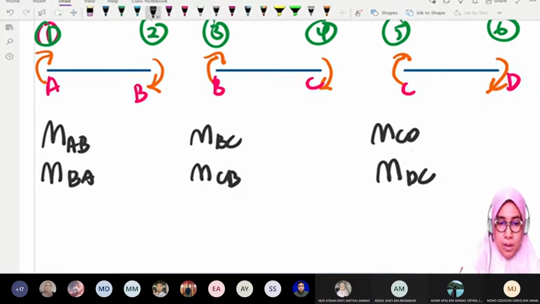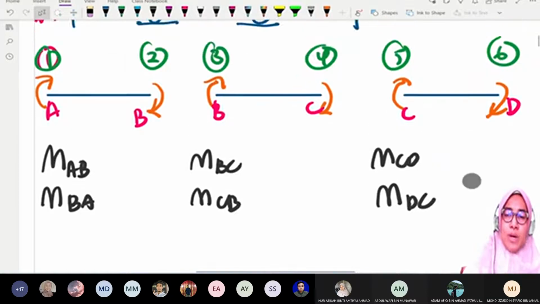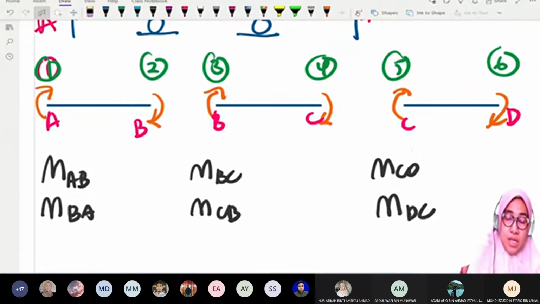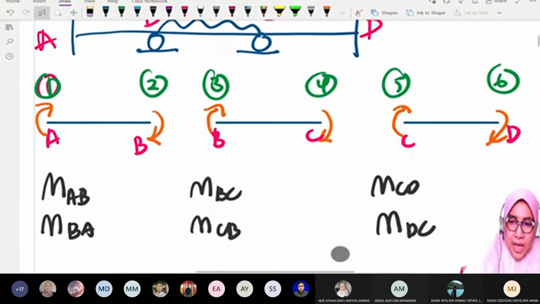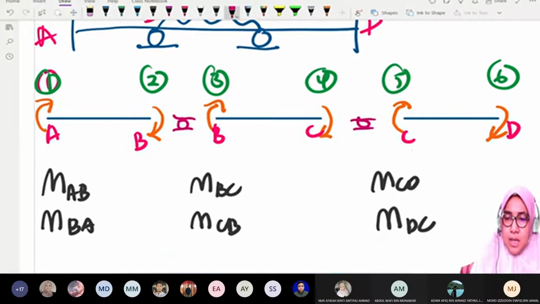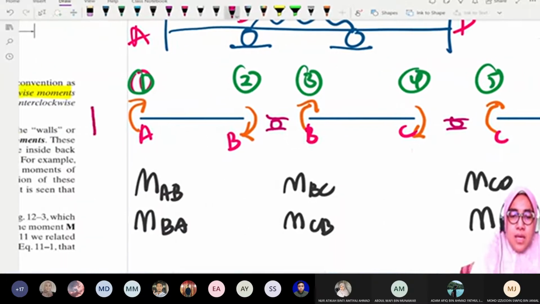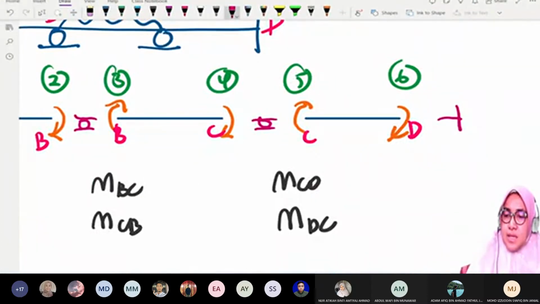It is the joint. The sign convention for member end moments is clockwise positive, so what about the joint? In the middle there is joint B, and joint C. Here there is fixed support A, and here fixed support D.